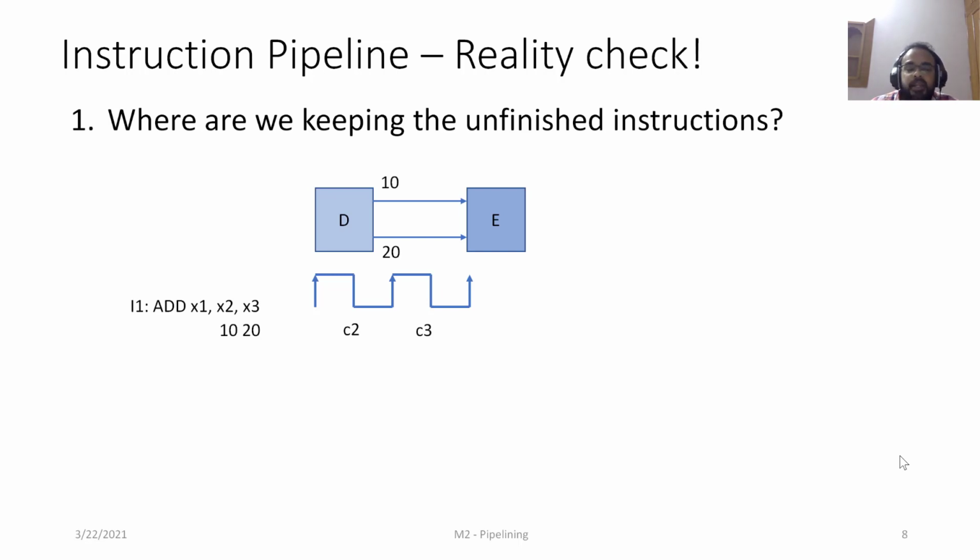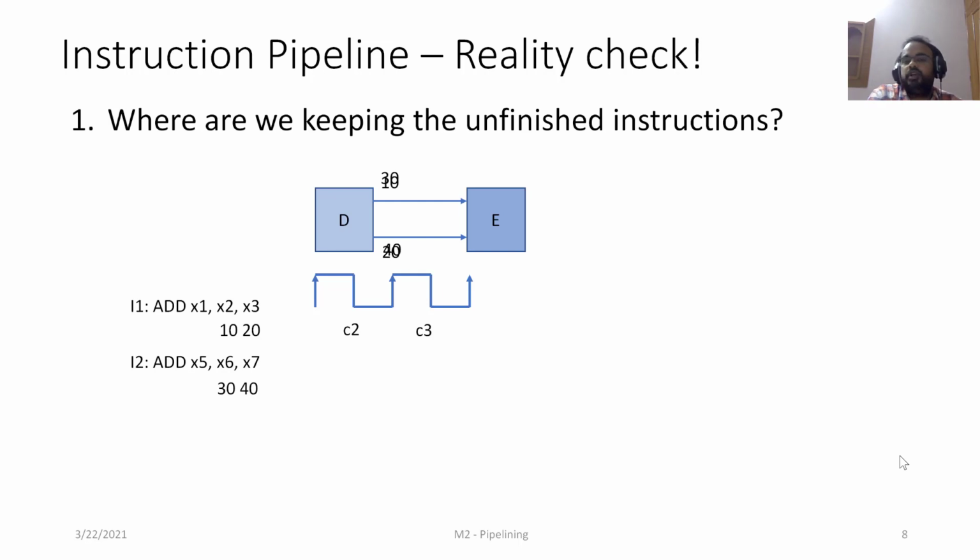But what's happening in cycle 3 is, let's say we are trying to decode another instruction. Here it's add x5, x6, x7, and let's say the values of x6 and x7 are 30 and 40. Now somewhere during cycle 3, the output of decode will change to 30 and 40.